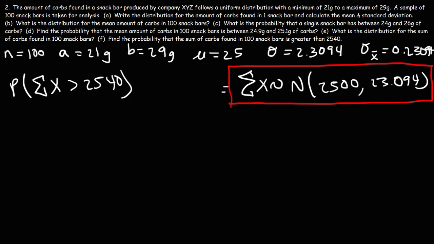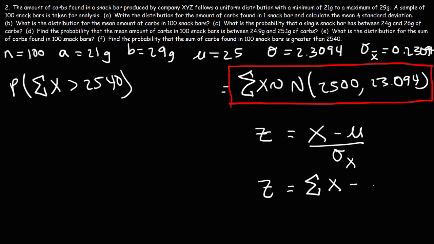We need to calculate the z-score. So we've seen formulas like this. Z is x minus mu over the standard deviation. In this case, this would be the standard error. For this one, it's going to be the sum of the x values minus the mean that's associated with the sum divided by the standard error of the sum of the x values.